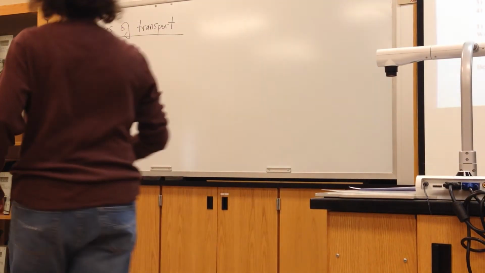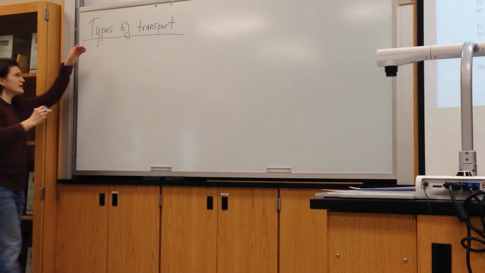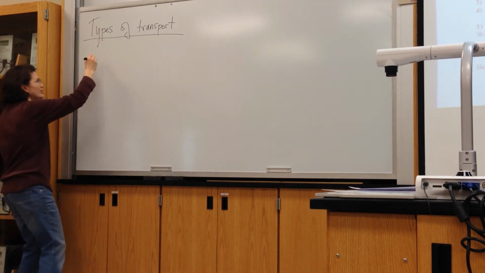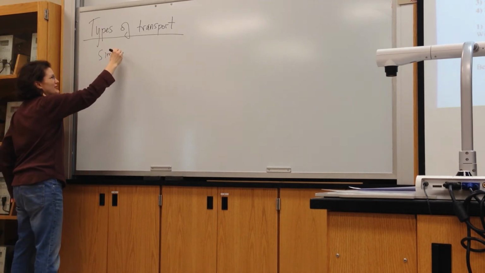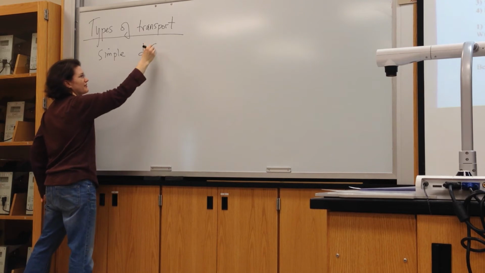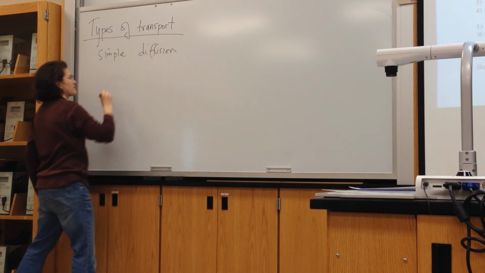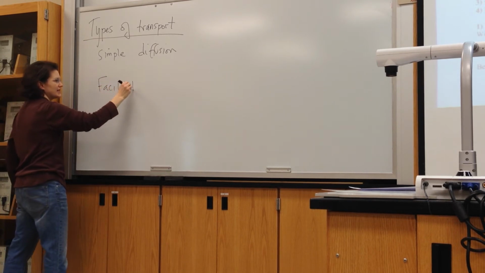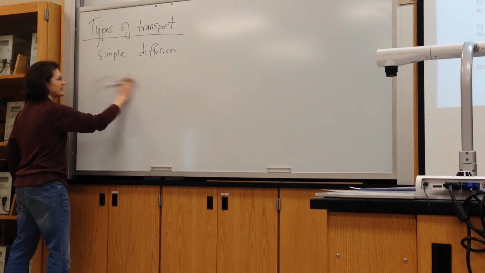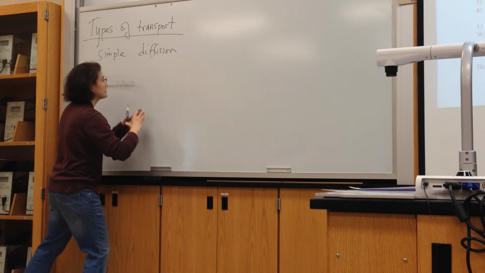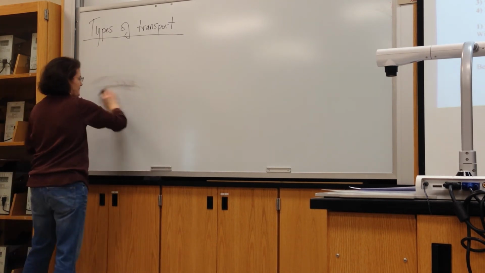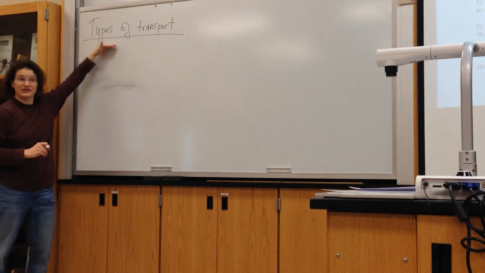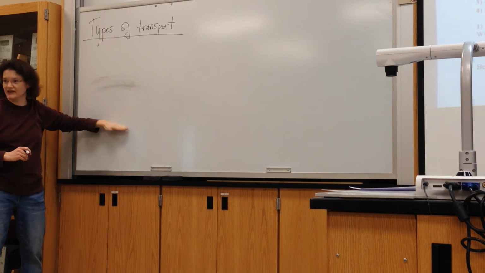Hey guys, so we had a good question. We've got simple diffusion. Hang on, rewind. Types of transport: transport that doesn't use added energy, and transport that does use added energy.